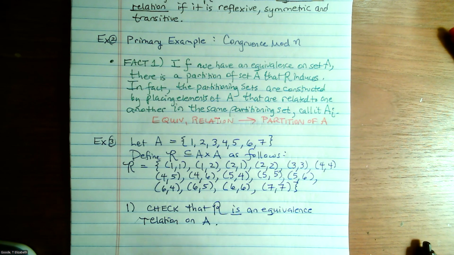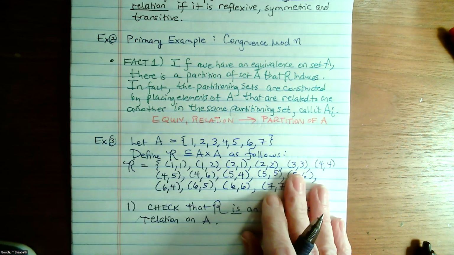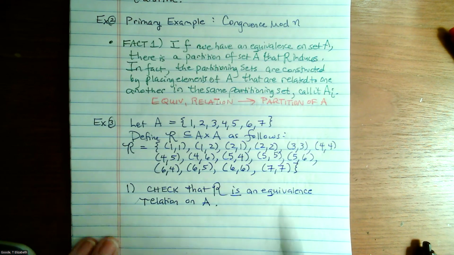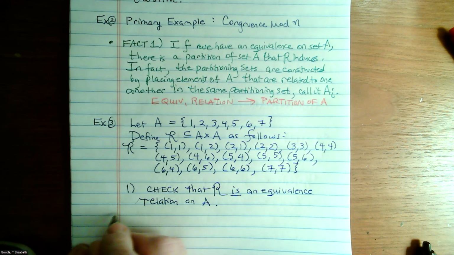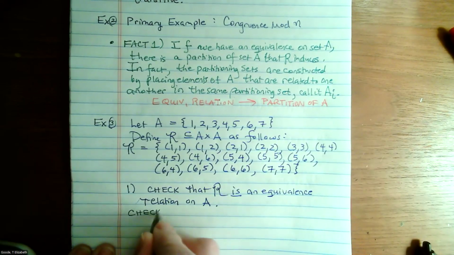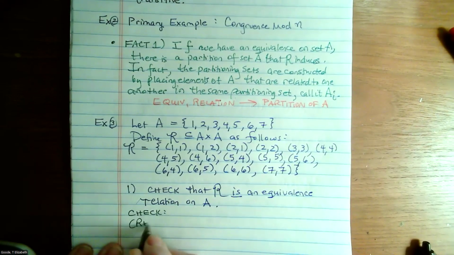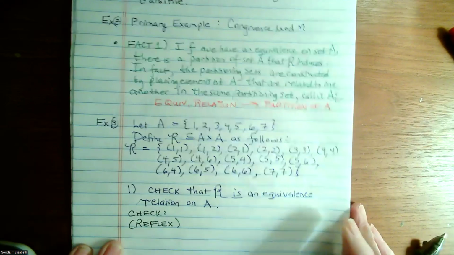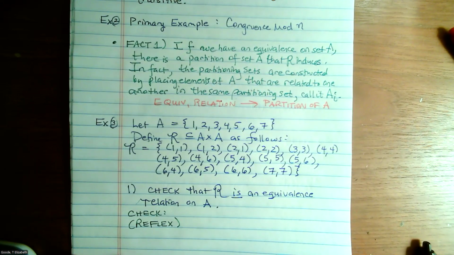So we've got to check that this curly R is reflexive, symmetric, and transitive. So here's our check. Let's check reflexivity first. Which elements do we need to check that are in curly R that make it a reflexive relation?